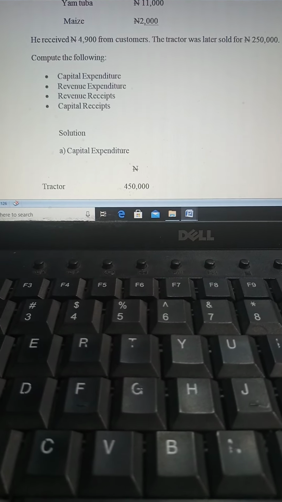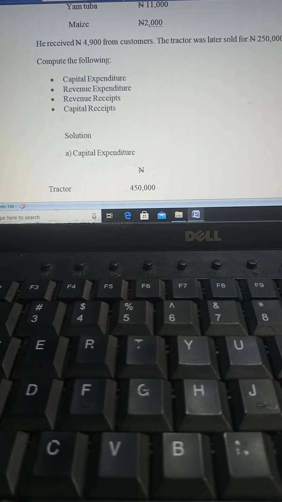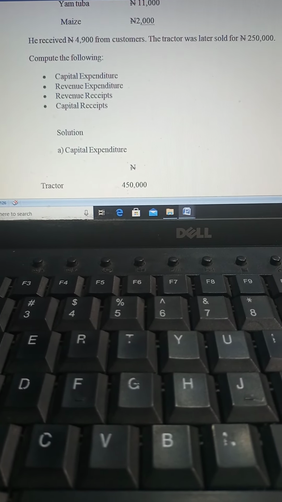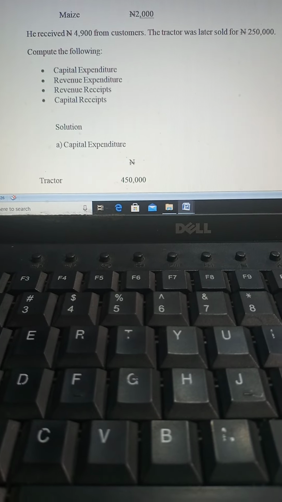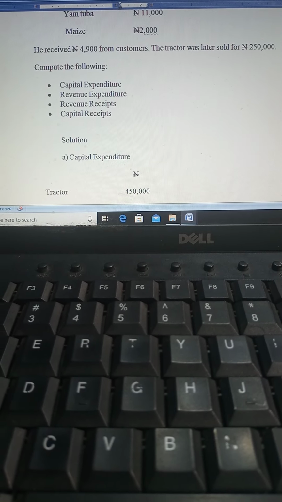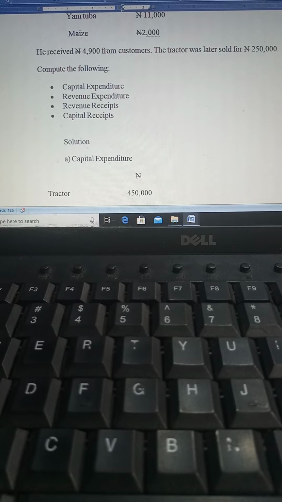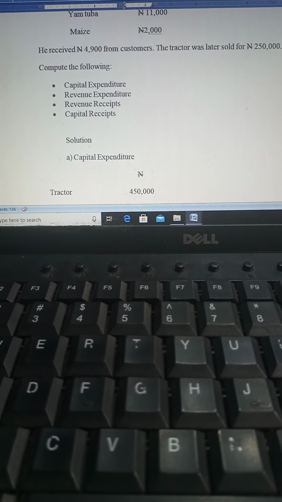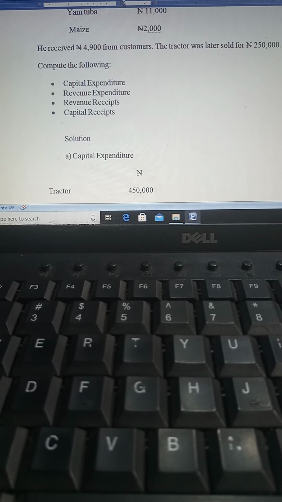We want to look at the last question here. Compute capital receipts. Although the capital receipt was not part of the previous practice question, we just need to include it here so that we gain more knowledge about it. So how do we calculate capital receipt? Before we start, what is the meaning of capital receipt?